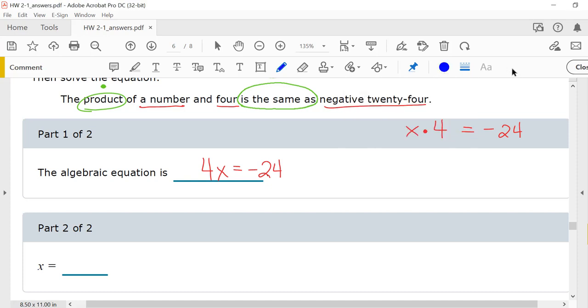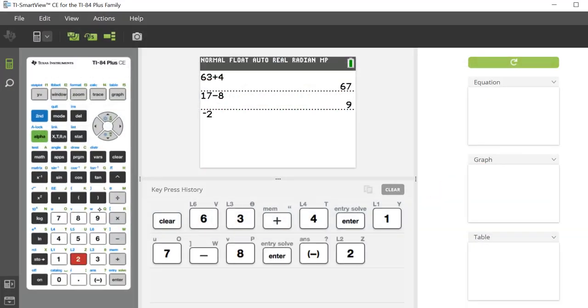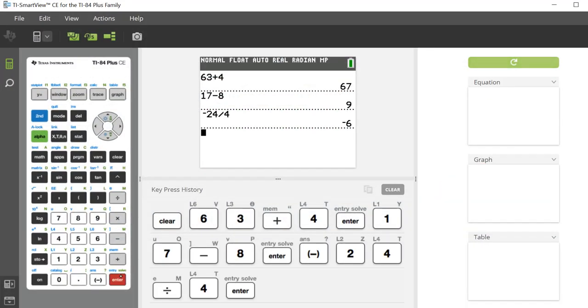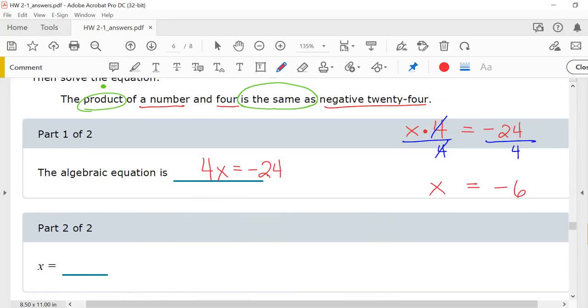Right now we're multiplying by 4. So to get that 4 to the other side, I need to divide both sides by 4. What I do to one side, I have to do to the other. 4 divided by 4 is 1. On the left, I have x. And on the right, I have -24 divided by 4, which is -6. The answer to that equation is x equals -6.